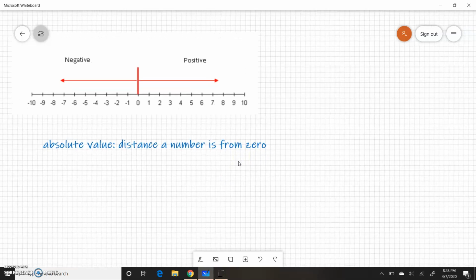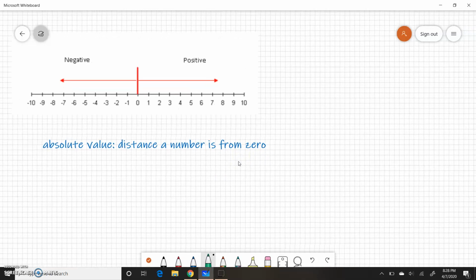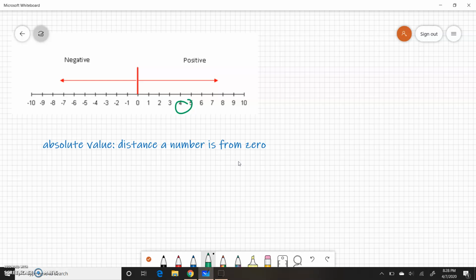So for example, how far is 4 from 0? Well, it's 1, 2, 3, 4 spaces. How far is -4 from 0? 1, 2, 3, 4 spaces. It's not -4 spaces. It's just 4 spaces from 0. So if they ask you, what is the absolute value of -5?